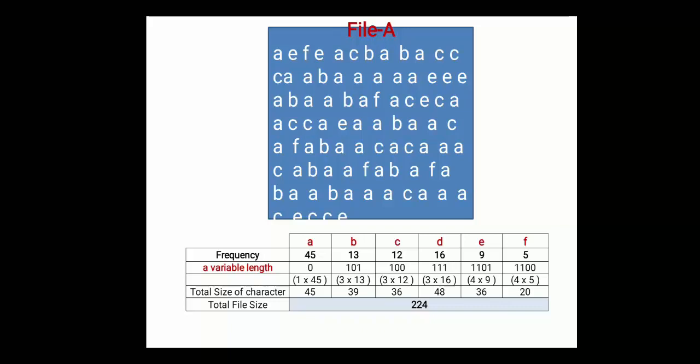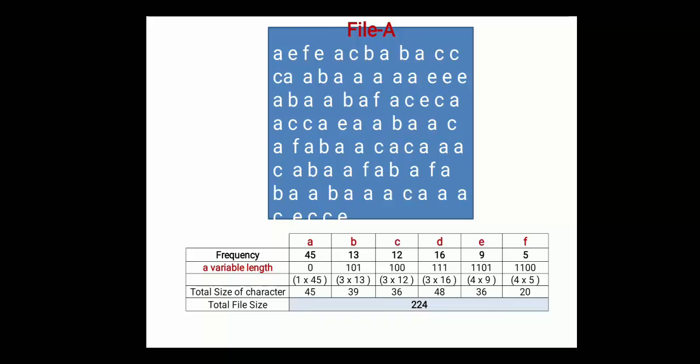Just take one example. Suppose in our example a total of 6 different characters are available. We need to check which has the highest frequency. Here we can say character A has the highest frequency. It means that A is available 45 times in the file.